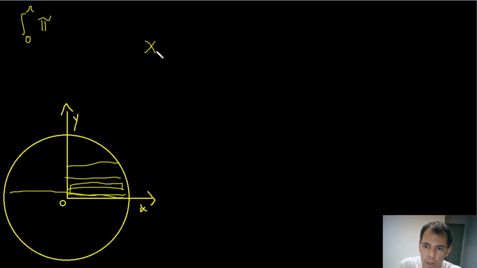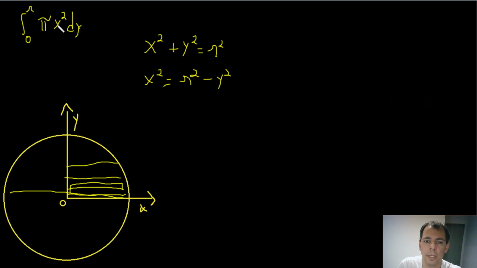It is x squared plus y squared equals r squared. So x squared is just going to be r squared minus y squared. That's what we're going to plug in here, because the radius is x. So you have pi x squared dy, but you can't just leave this x squared in here. You have to relate the x squared to y somehow.